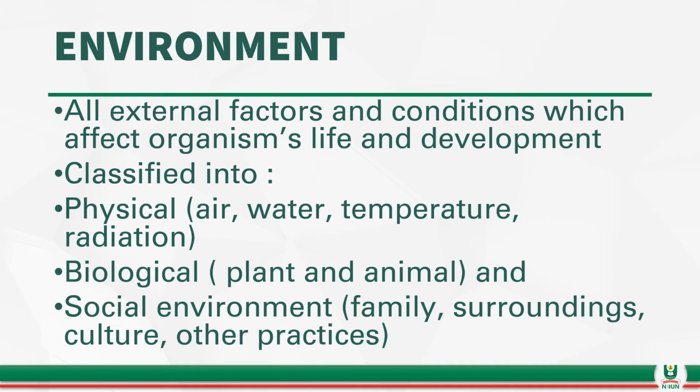They are all parts of transmission of communicable diseases. In the biological environment, plants and animals can transfer infection from one to another. And then the social environment, the family, the surroundings, the culture, and other practices all play a role as environmental factors leading up to communicable disease.